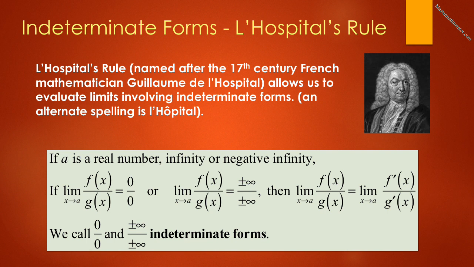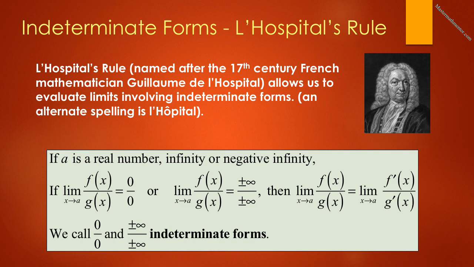It says that if a is a real number, infinity or negative infinity, then if the limit as x approaches a of f of x over g of x is equal to 0 over 0, or plus or minus infinity over plus or minus infinity, then the limit as x approaches a of f of x over g of x is equal to the limit as x approaches a of f prime of x over g prime of x.